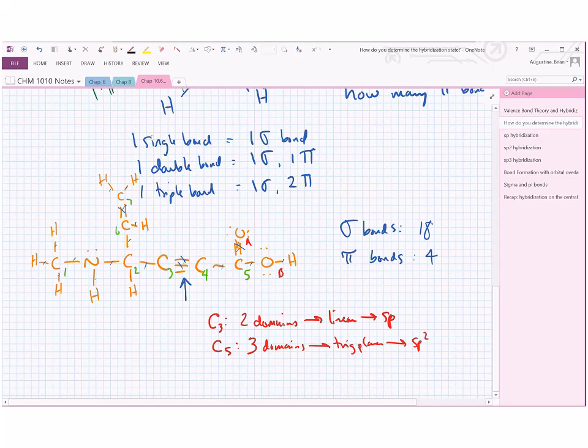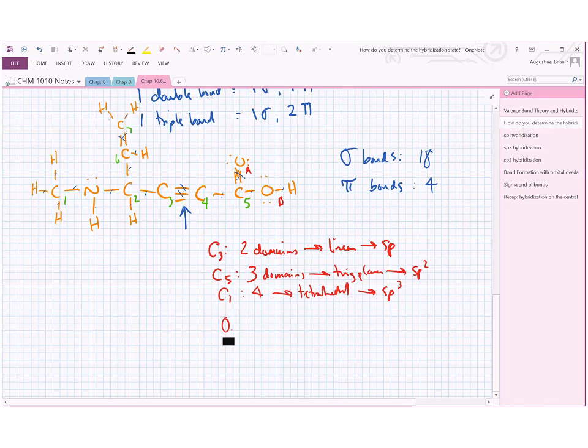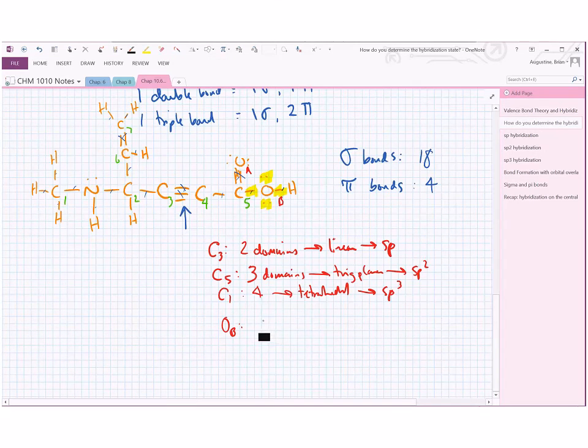How about carbon 1? Carbon 1, 4, tetrahedral, sp3. Oxygen B. Tricky. 1, 2, 3, 4. Remember, the lone pairs count as electron groups, so that's got 4.